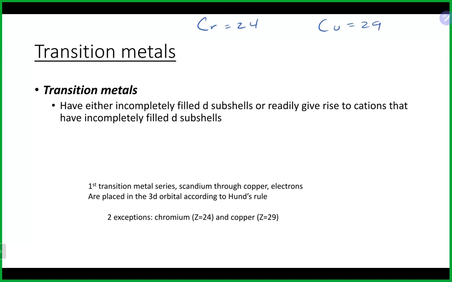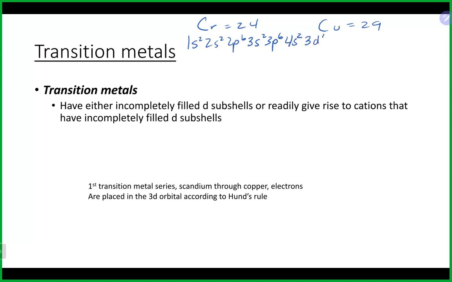you would end up with 1s2, 2s2, 2p6, 3s2, 3p6. Remember at this point, 4s gets in there first before you get to the d, which would then be 3d4.